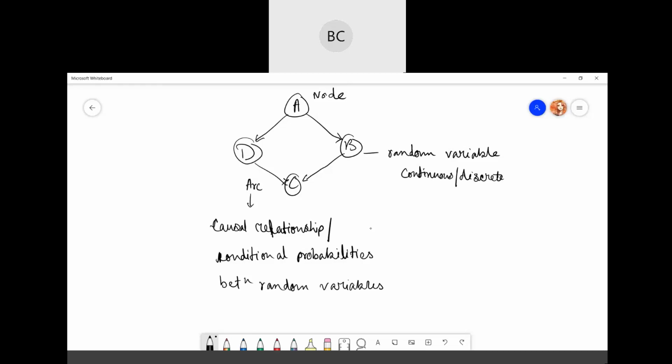These links represent that one node directly influences the other node. And if there is no directed link, that means the nodes are independent of each other.